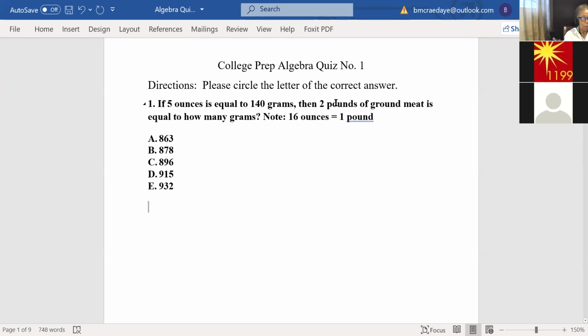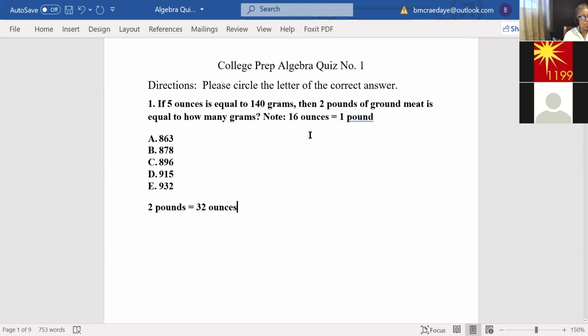Well, we had to convert the pounds to ounces, right? 1 pound is 16 ounces, 2 pounds, 32. That's right. 2 pounds equal 32 ounces.